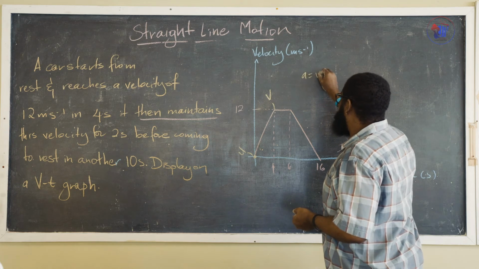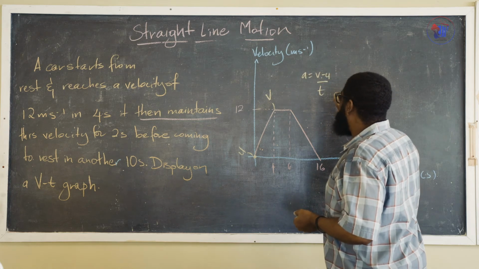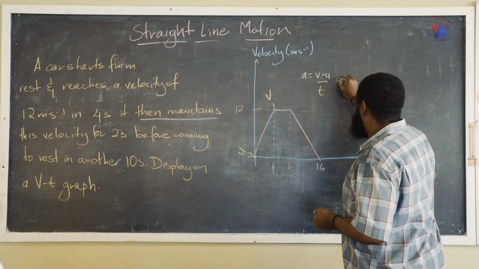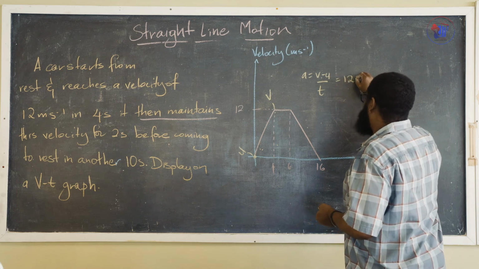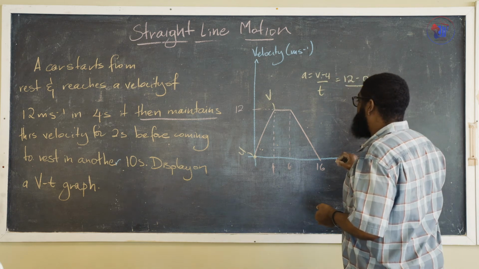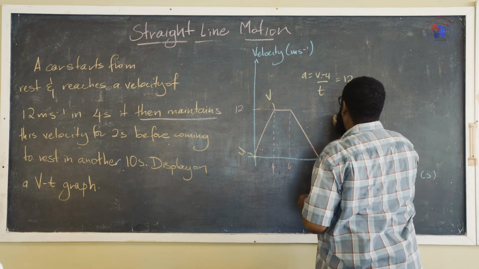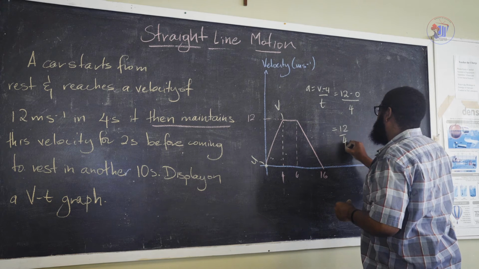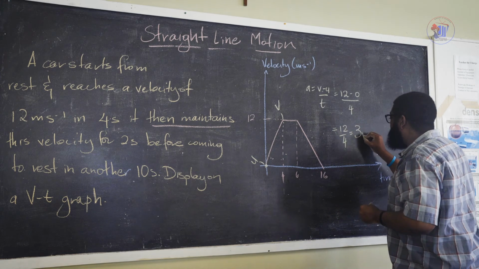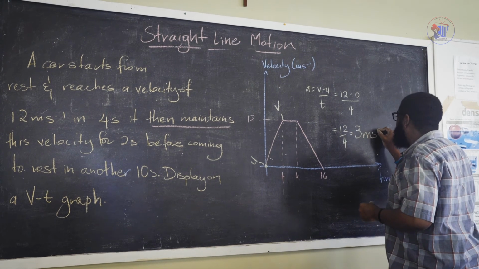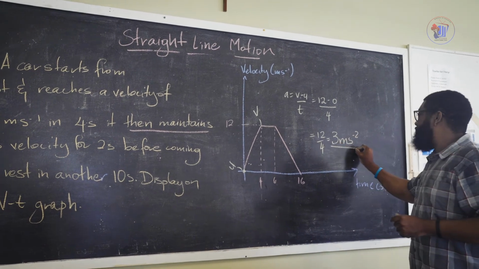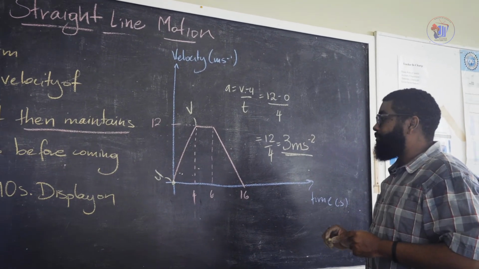Acceleration for the first part is v minus u upon t. Velocity at the end is 12 meters per second. At the beginning, it is 0. And the time taken is 4. Simple maths. Answer is 3 meters per second squared. This is how it is written, okay?